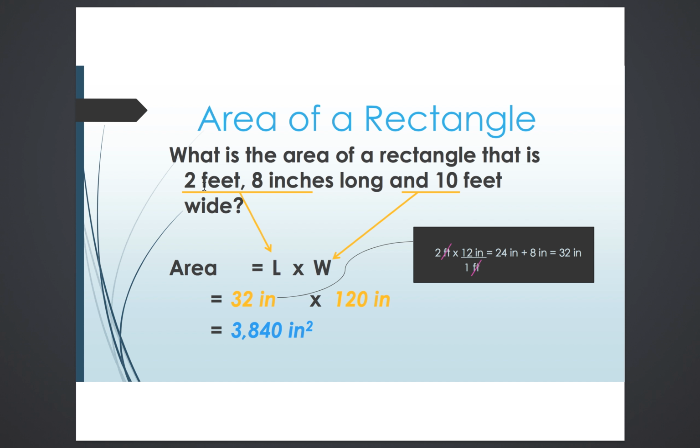That is 2 times 12 to give you 24 inches, plus the 8 inches that were given to us here is going to equal 32 inches, times 10 multiplied by 12 inches per foot to give us 120 inches. So when you do the math, that is your answer. I'm going to let you go through and do the rest on your own.